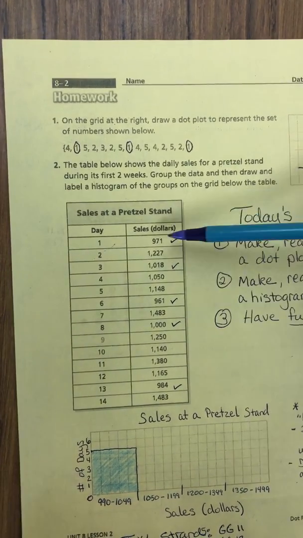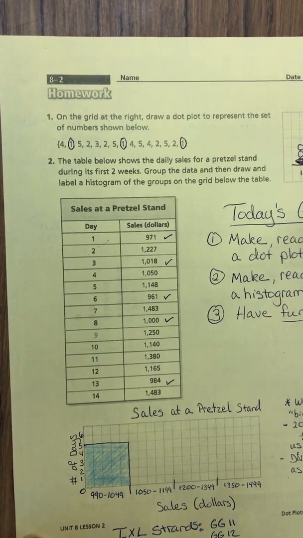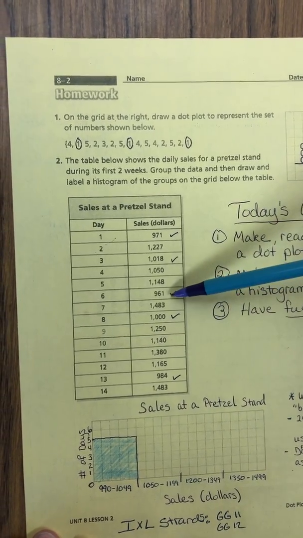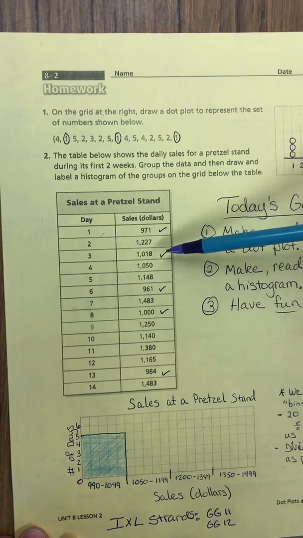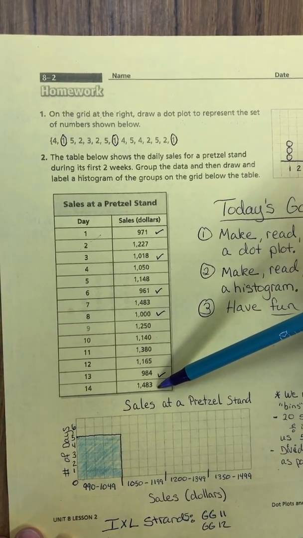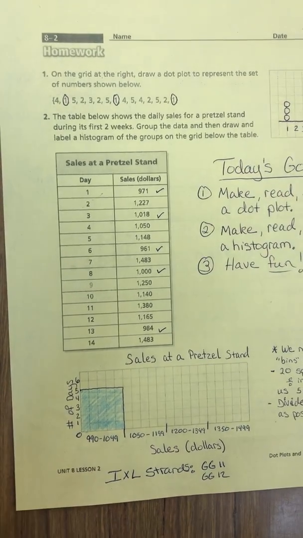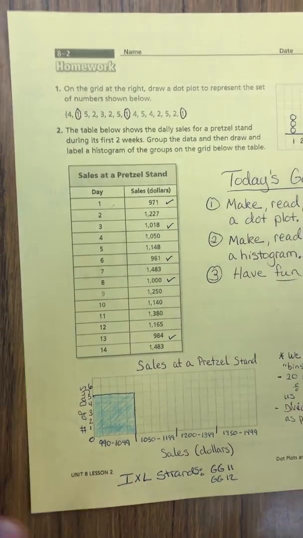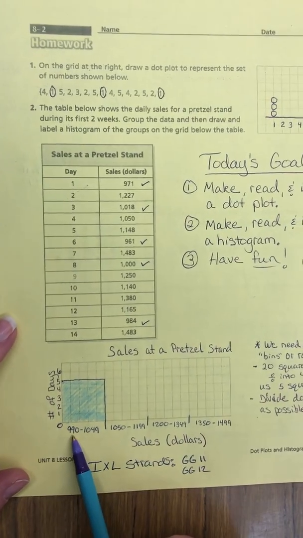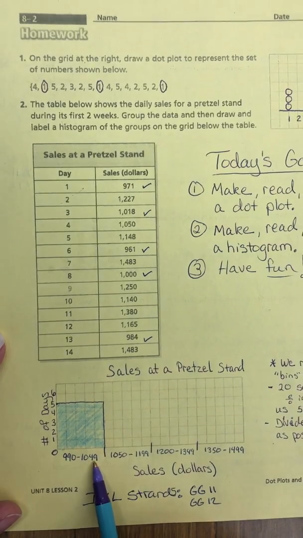Well, then I went back to my table and looked at the range. Here we have $961, that's our lowest data point, and then our highest data point is $1,483. So we have 4 ranges we need to divide that into. I just kind of guessed and checked, and I came up with starting at $990 to $1,049.